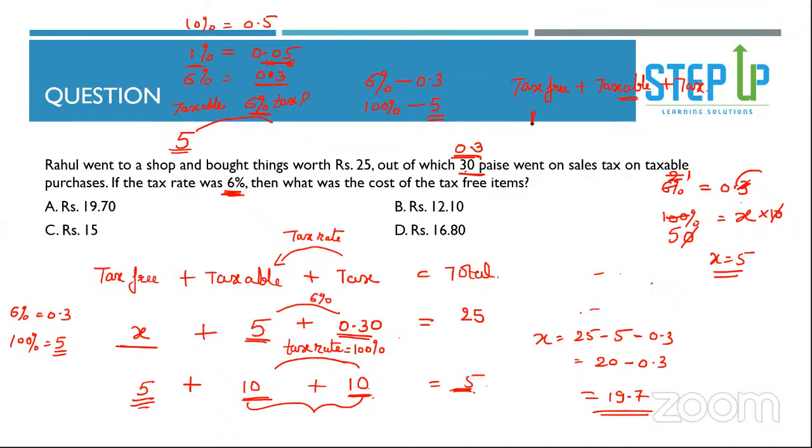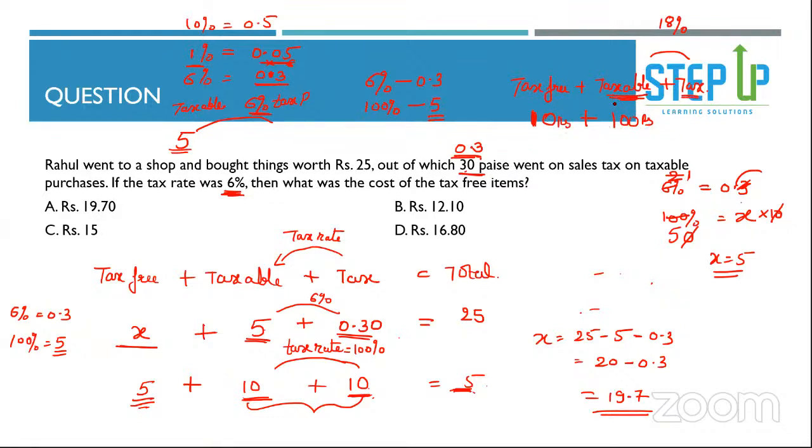Let's say you bought something, tax rate is like in India, it is 18%, GST we say, okay? So let's say you bought a tax-free article of 10 rupees and a taxable article of 100 rupees.